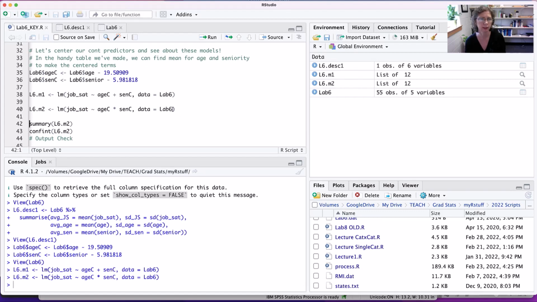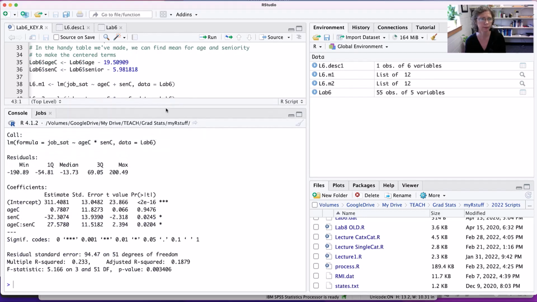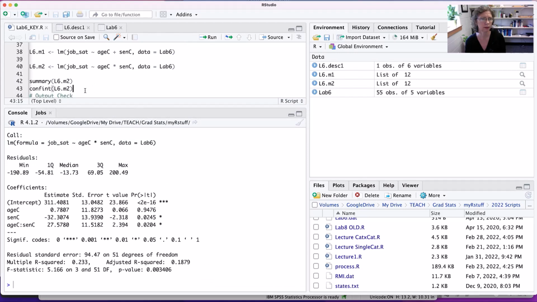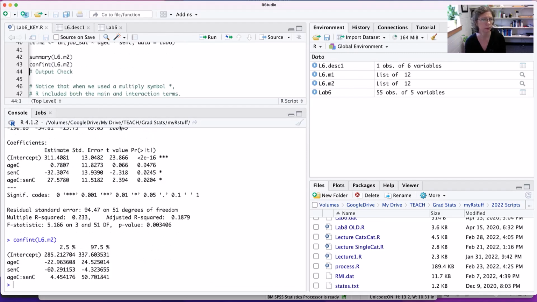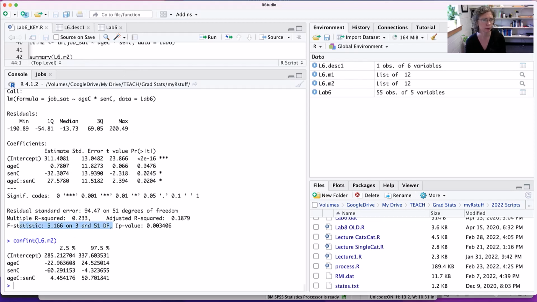Let's take a look at what that did, and I can go ahead and grab the confidence interval too. Output check. I have the full model, the F-stat, the degrees of freedom, and the significance value. I have the R-squared effect size.